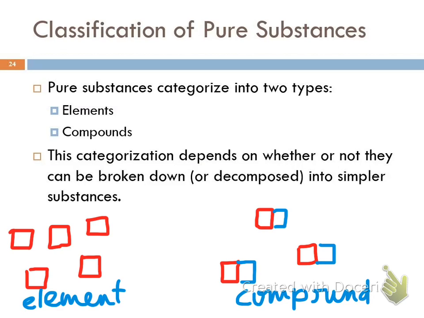Of course, the particles we're really talking about here are atoms. So these would be individual atoms, and these would be molecules. Molecules are atoms that are stuck together. But each of the particles is the same. So this could be perhaps carbon monoxide with 1 carbon and 1 oxygen. And the carbon and oxygen can be separated from each other.